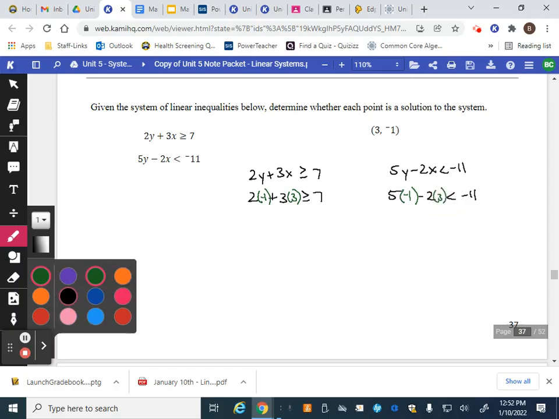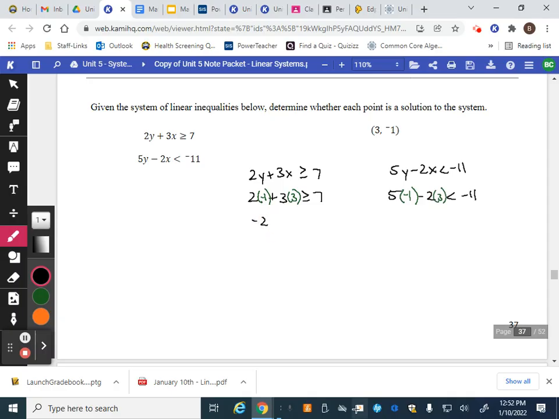And 2 times -1 is -2. 3 times 3 is 9. -2 plus 9 is 7. So that one is true. 5 times -1 is -5. 2 times 3 is 6. -11 is not less than -11. So that was false. So this point is not a solution.